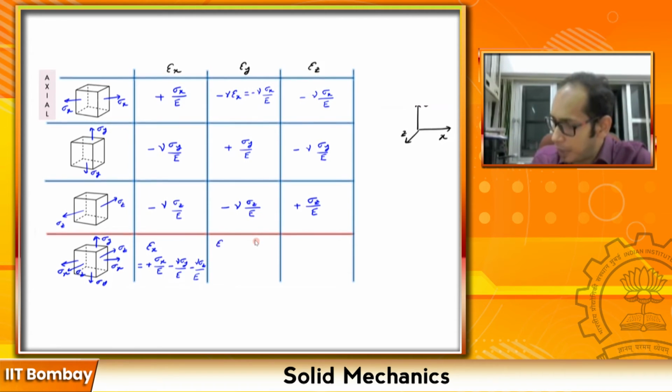In this case, my epsilon y is simply going to be, if I write this first and the others next, just to maintain a nice flow of expressions, positive sigma y by E, minus nu sigma x by E, minus nu sigma z by E. Similarly, the last one is going to be positive sigma z over E, minus nu sigma x by E, minus nu sigma y by E. Now you get a hang of how to write it, and it's easy to remember once you understand how it works.